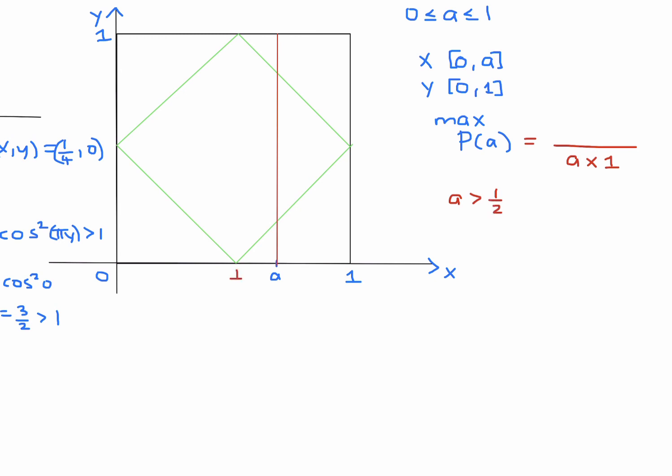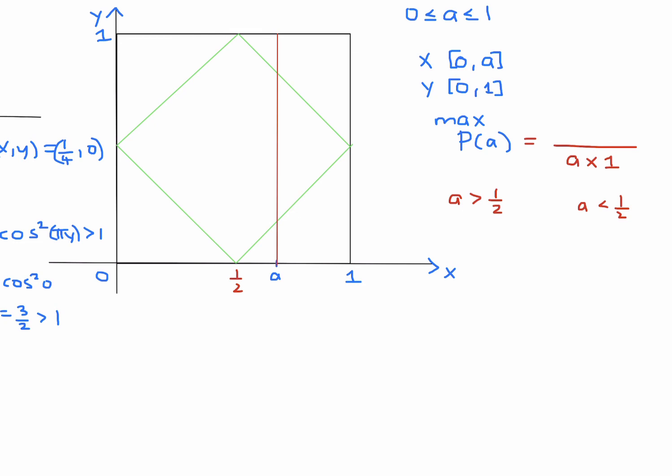So if this is a half, it's on that right side of the half. The other scenario is if A is less than or equal to a half. And that's, of course, when A would be here, let's say. So I've got to figure out the probability for both and compare them and then proceed with the maximum. Okay, so it doesn't really matter.